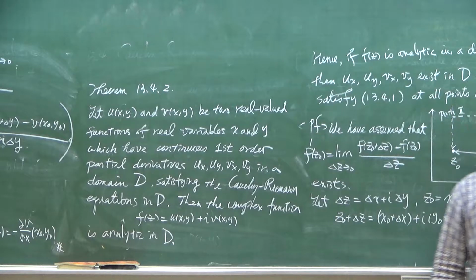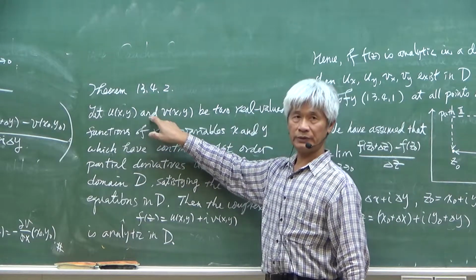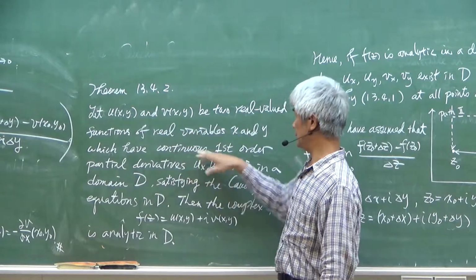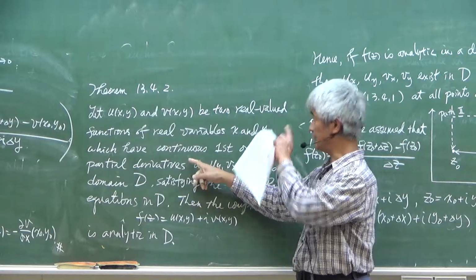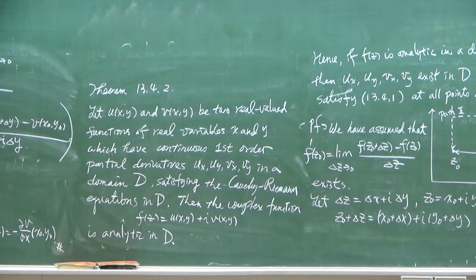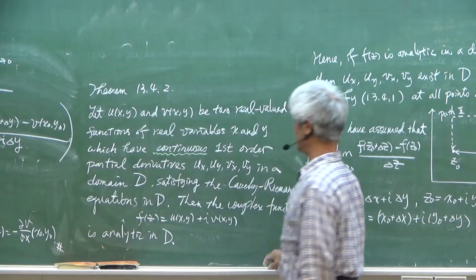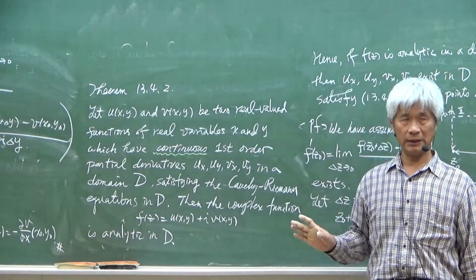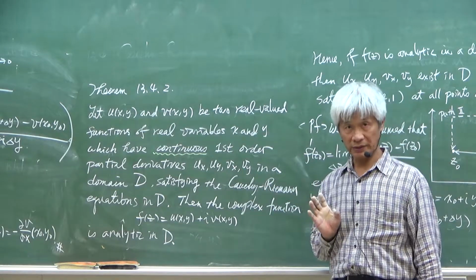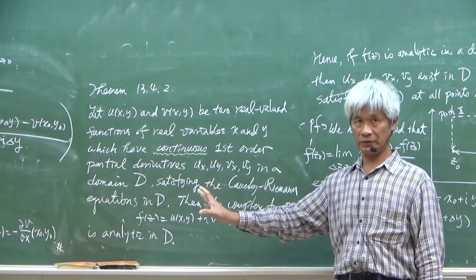So the conclusion is very simple. Once we have such two real valued functions u and v, the important thing is that they have continuous first order partial derivatives in the whole domain D. And these four first order partial derivatives satisfy the Cauchy-Riemann equations. So we have to justify they satisfy the Cauchy-Riemann equations.